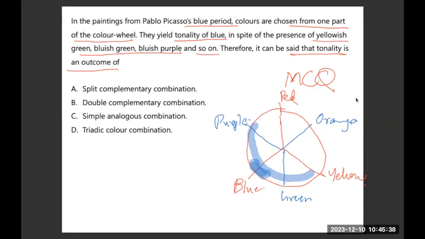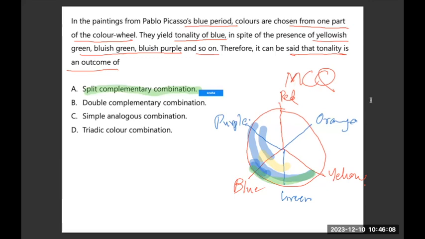So it could be bluish purple, it could be bluish green, it could be bluish yellow, whatever. But it is only one side of the color wheel which is chosen. Anvi, correct answer.